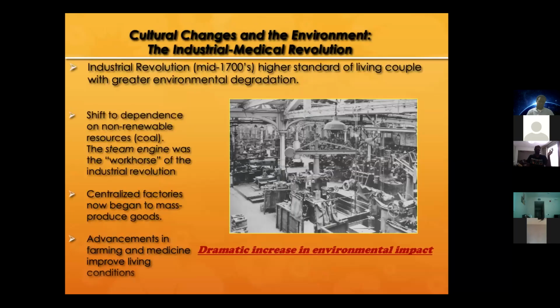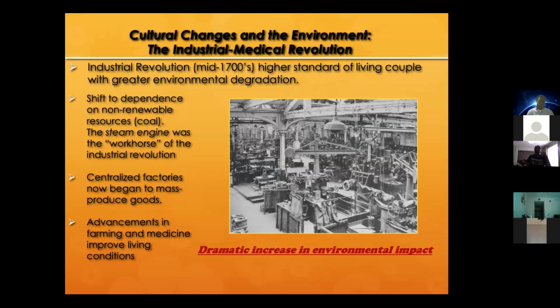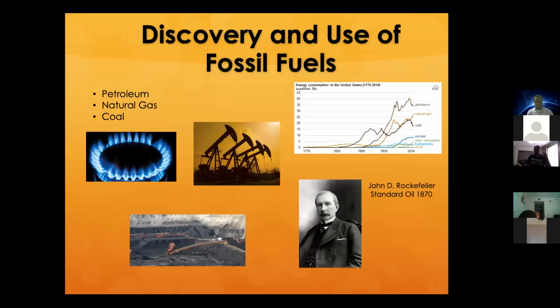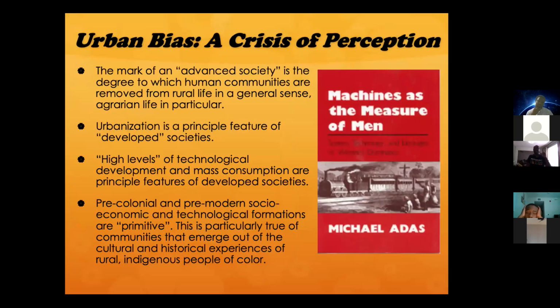We talk about the Industrial Revolution, right? And its impact on the environment, and the rise of the dependence on non-renewable resources such as coal and oil and centralized factories, and the beginning of a mass consumer-based society in the US and how that spread to other parts of the world, right? The evolution of fossil fuel use in the modern era, and how that's connected to something called an urban bias, right?